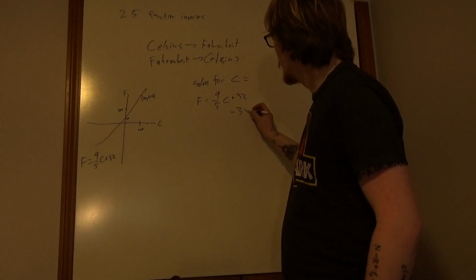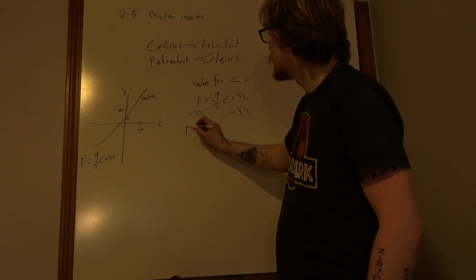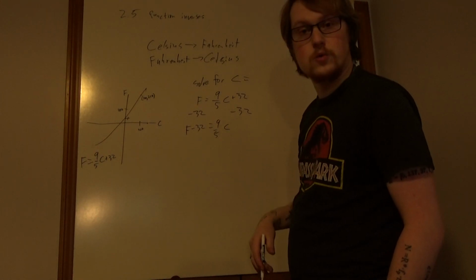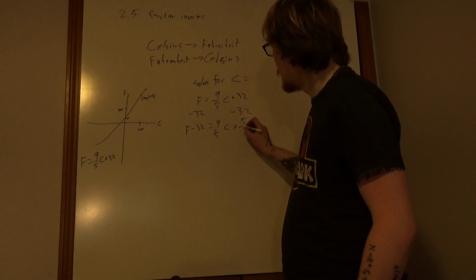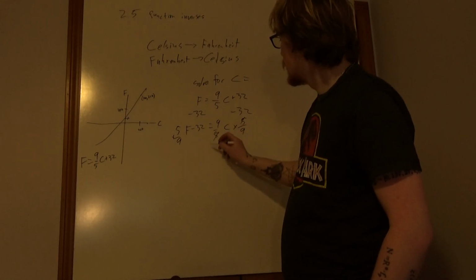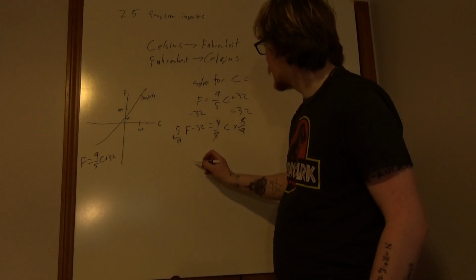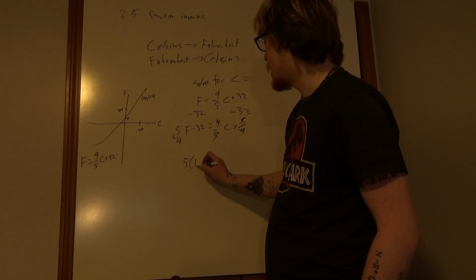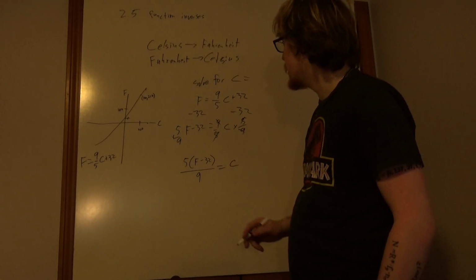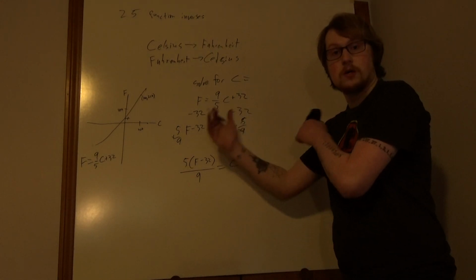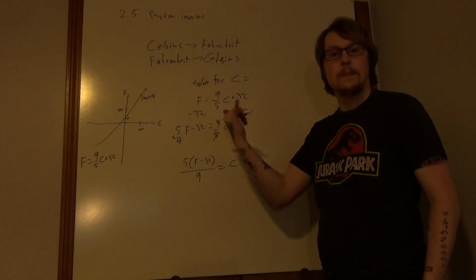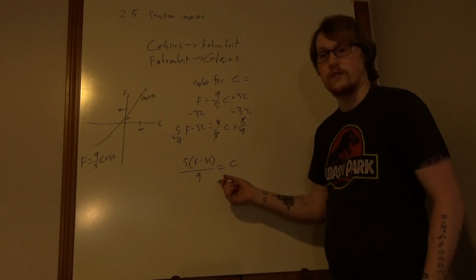Doing that really quickly, we subtract 32 from everything, which gives us F minus 32 equals 9/5 C. And then to get rid of the 9/5, we multiply by 5/9 on everything, because everything cancels nicely, and we are left with 5 times (F minus 32) all over 9 equals C. And so we have just solved for the opposite orientation of the variables, and now we have a different function.